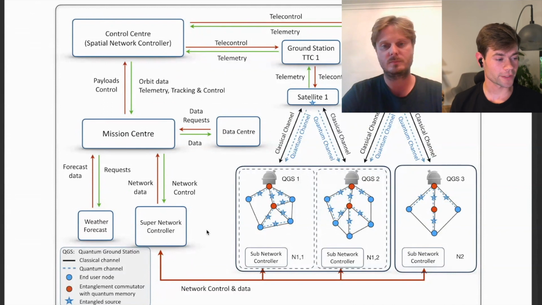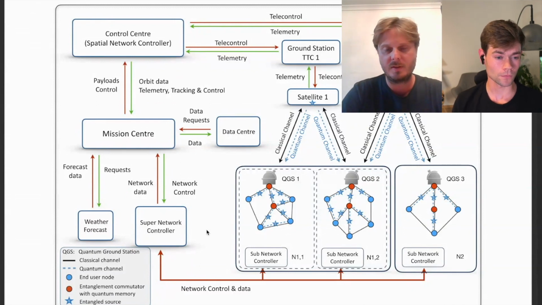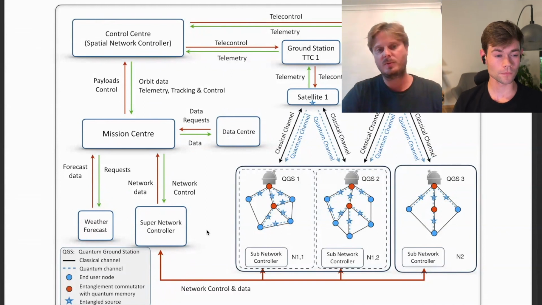Okay, so what kind of tasks would be split between the mission center compared to the super network controller? Yeah, so the mission center is the brain that controls everything, let's say. But still, all the ground functions could be delegated.